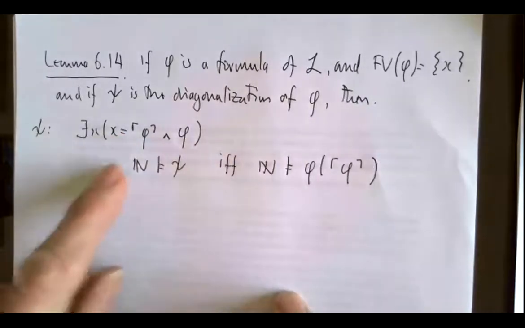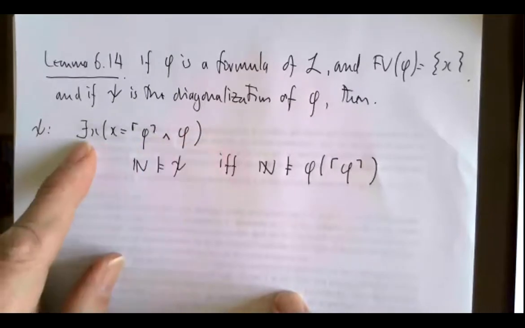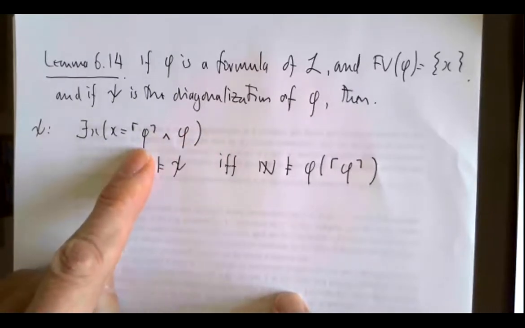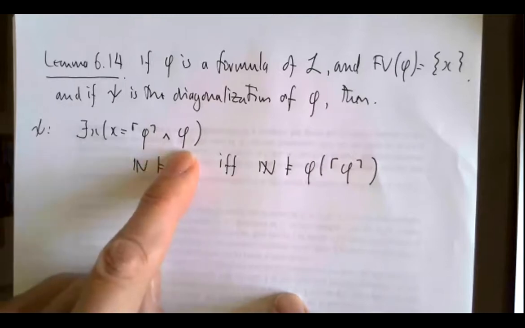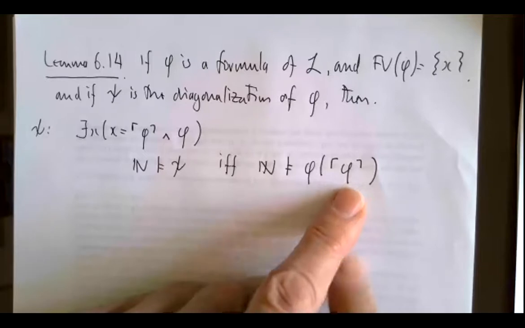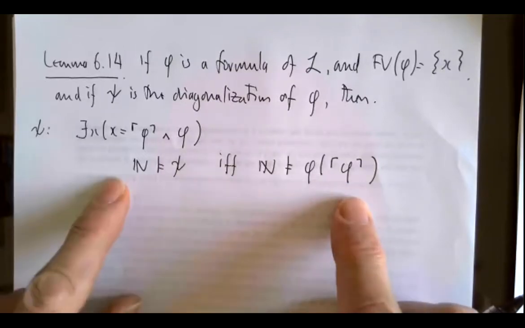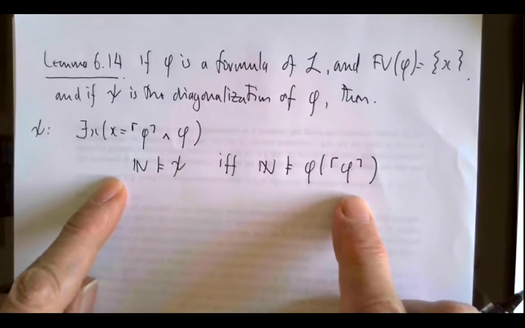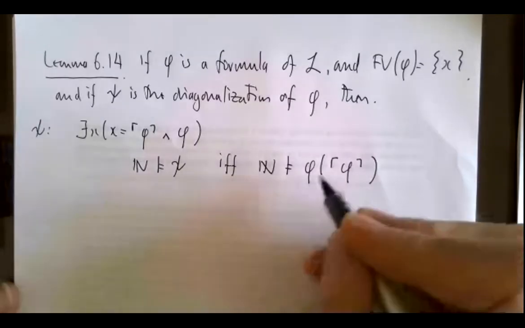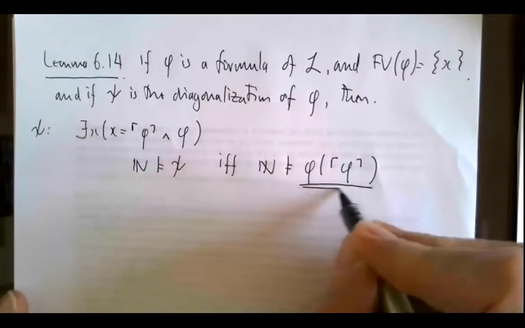Phi has only this free variable x in it. So there is an x, x is the code number of the string phi, and phi of x holds. Here's the x being put into phi. So this is going to be true in N exactly when psi is true here. This is just what the diagonalization says.